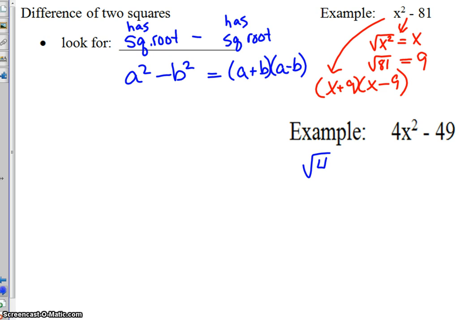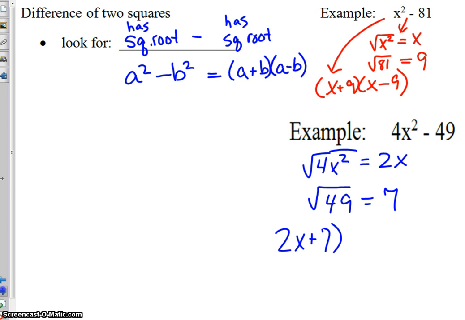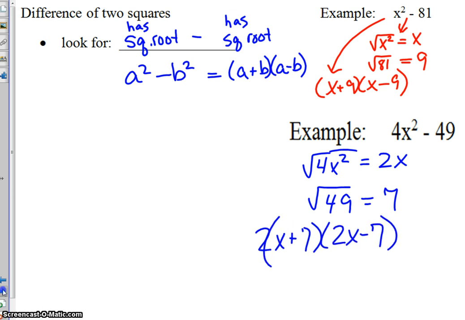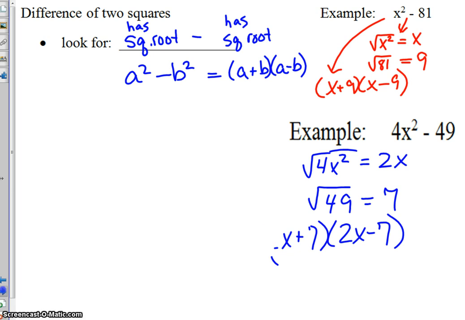The square root of 4x squared is 2x. The square root of 49 is 7. So my answer would be 2x plus 7 times 2x minus 7. That is this answer factored. Okay, so that is our answer to the factoring of 4x squared minus 49.